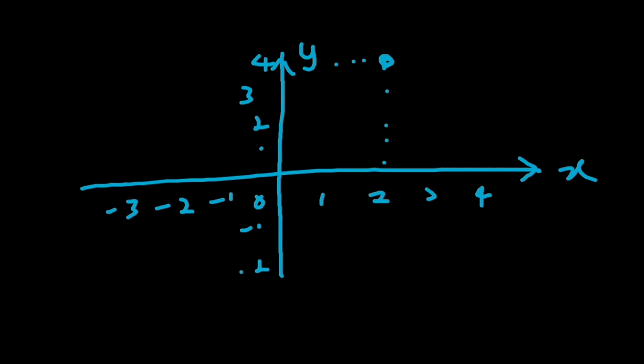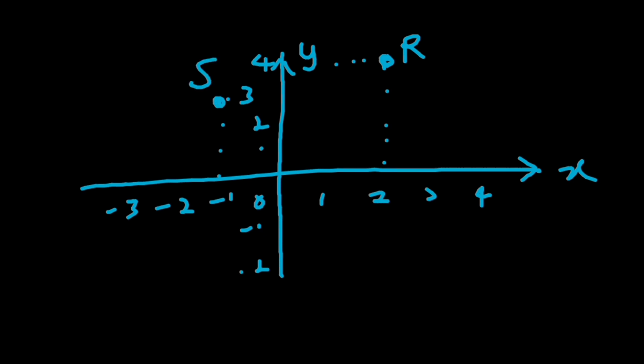So let's mark this, and this will be point R. For point S, we have -1, 3. That is -1 on the negative x-axis, that is this point, and 3 on the positive y-axis. So just like we did, we shall trace, and the point of intersection, of course, will be our point S.